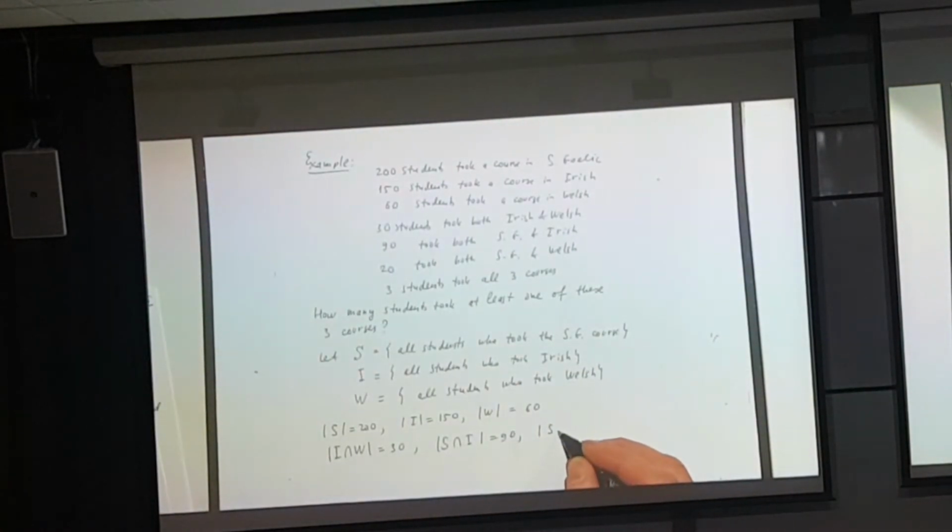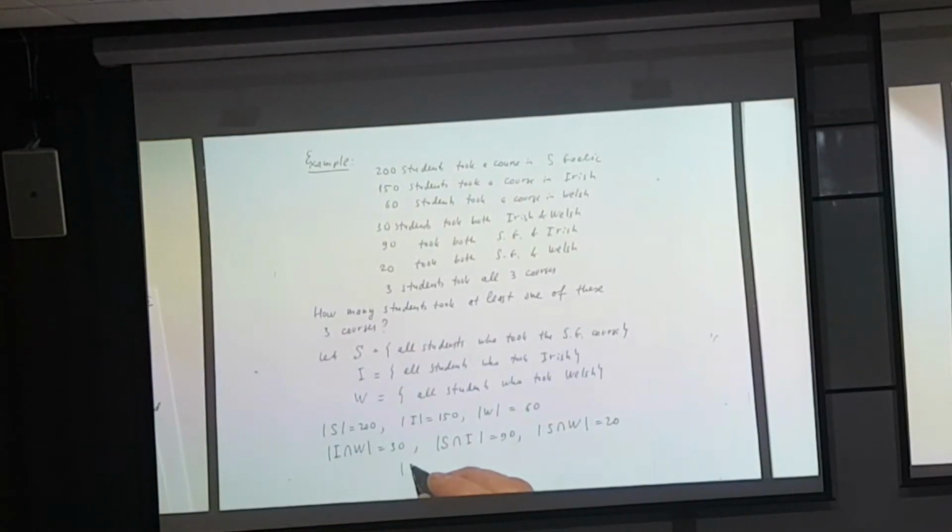And Scottish and Welsh, so S intersection W equals 20, contains 20 elements. And the number of elements in the triple intersection, I intersection S intersection W, is given to be 3.